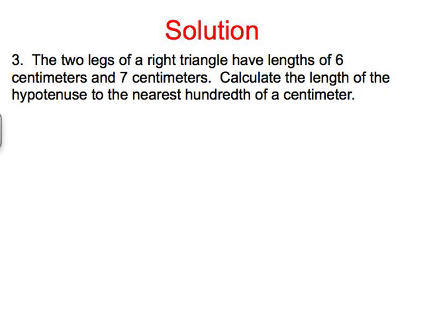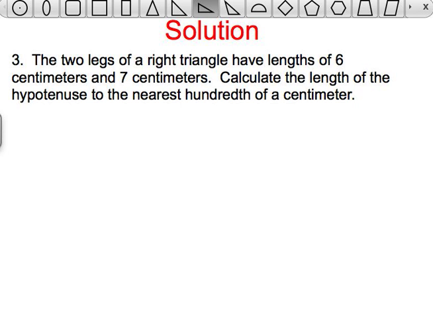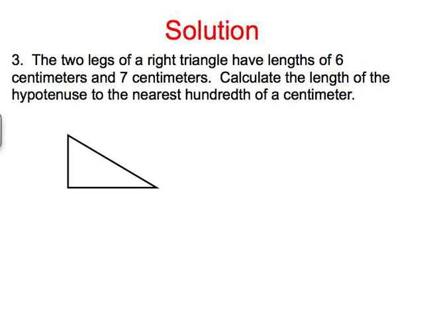All right, let's go ahead and draw our right triangle and label it. This side is going to be 7 centimeters, and this side is going to be 6 centimeters long. Those are going to be our a and b values.